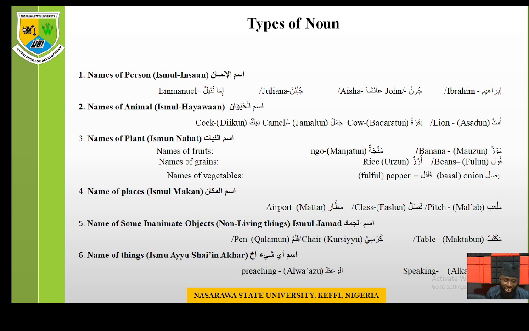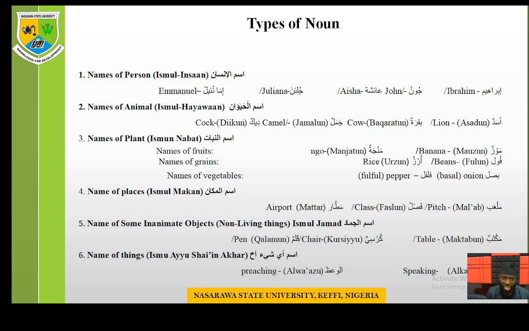So ismul makan is our name of places. If you want to say al-makan, meaning place. So we have the 5th one, ismul jamad, name of some inanimate object, which is non-living thing. And then we have ismu ayu shay'in akhar, which is name of things. Under the first one, we will have Ibrahim, John, Julian, Emmanuel.